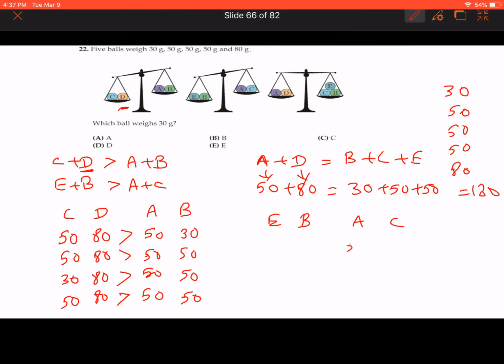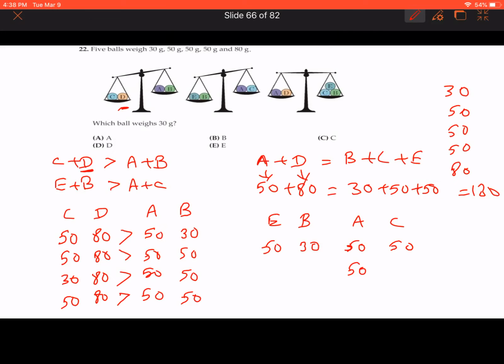So we take it as A value and then we are going to supply the value of B, C and E. So if it is B, then it's going to be 30, then E and C will be 50, right, because D takes up the value of 80, so we have only this choice.